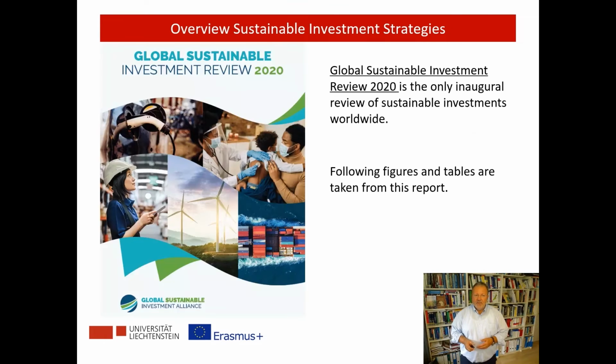So I go to the next slide, which shows you just the front page of a brochure, which is quite interesting: the Global Sustainable Investment Review from 2020. All the following slides are taken from that brochure.